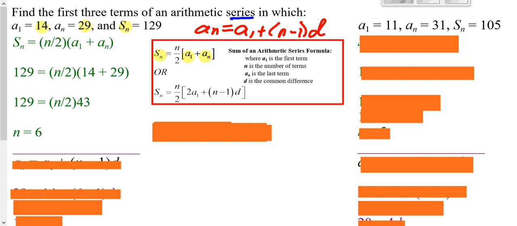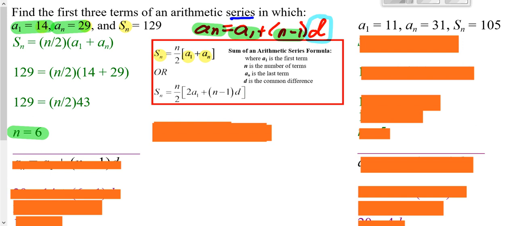So now that I have what n is, I still need to find my difference. I do know a sub n from right here. I do know my first term from right here. And I just figured out what n is right here. That would allow me to go ahead and find out what d is.